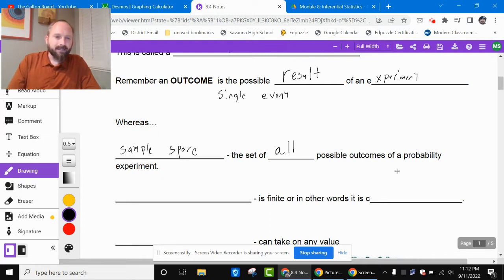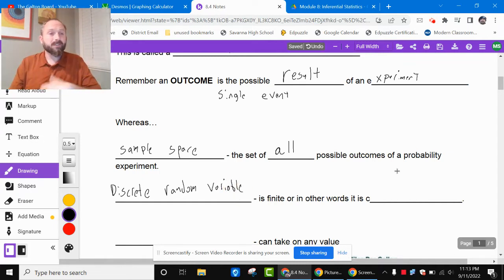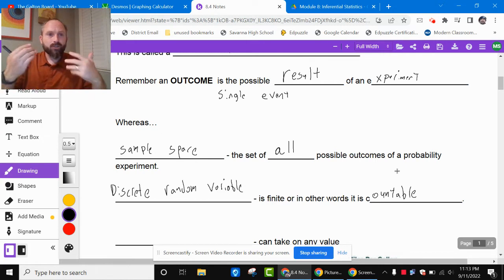All right, so now we're getting into a little bit more review. I love this idea of discrete versus continuous data. Discrete random variable is finite, or in other words, it's countable. So 1, 2, 3, 4, we are counting. It is countable data.